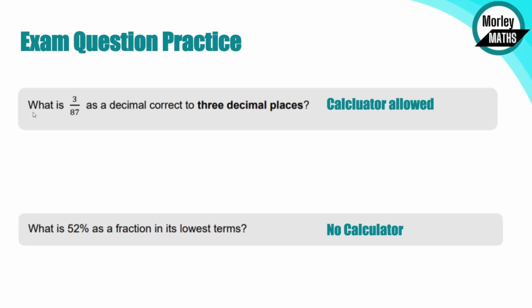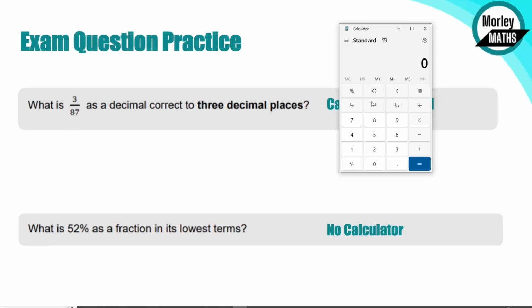So the one with a calculator. What is 3 out of 87 as a decimal? So remember the fractions to decimals method, it's your top divided by the bottom. So 3 divided by 87 gives us 0.0344827. Okay, so we need to round that to 3 decimal places. So we need to be looking at decimal place 1, 2 and 3.